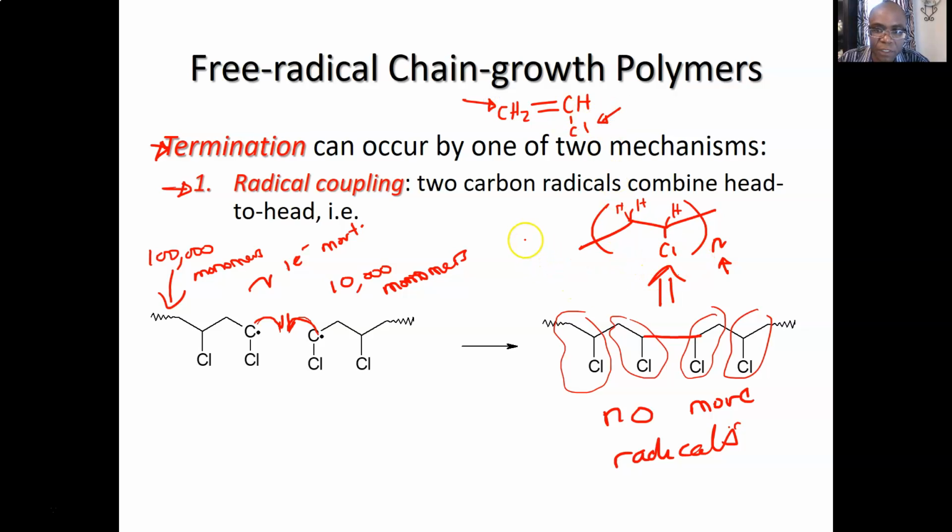So that will be polyvinyl chloride, PVC, which is made by a radical mechanism: initiation, propagation, termination. No loss of any molecule. So that's one way of termination. What is the other method of termination where there will be no more radicals at the end?